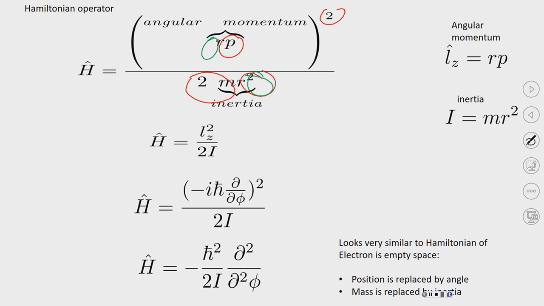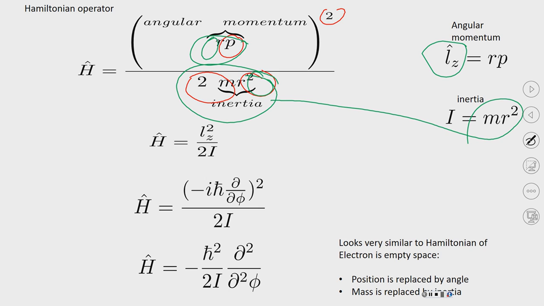We can rename this product r times p as L_z, projection of angular momentum that we did on the previous slide. And we can rename this product of mass times distance squared as another measure of inertia. So momentum is the measure of motion, mass is the measure of inertia.